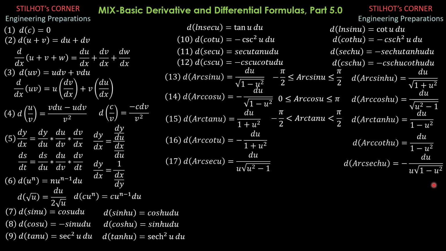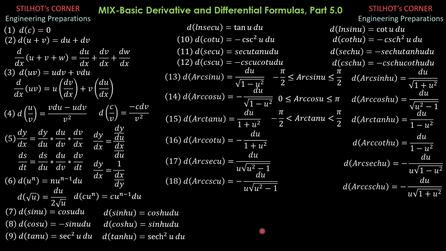Differential of arc cosecant u is the negative of this formula again, negative du over u square root of u square minus 1, while the differential of arc cosecant hyperbolic of u is the same, negative du over u square root of 1 plus u square. This is just plus.